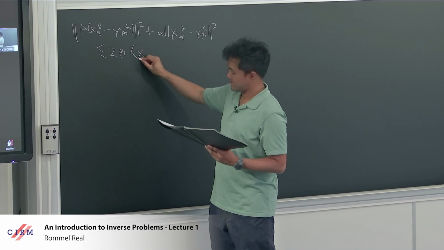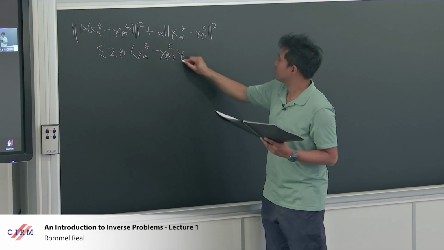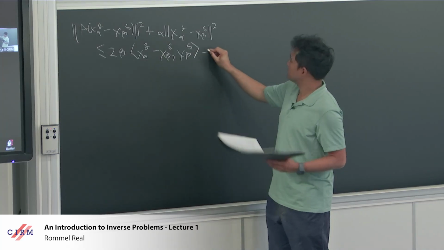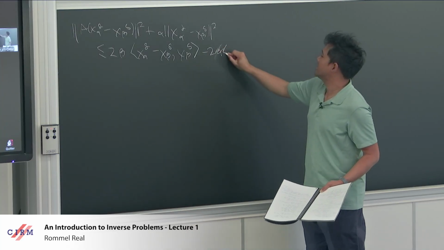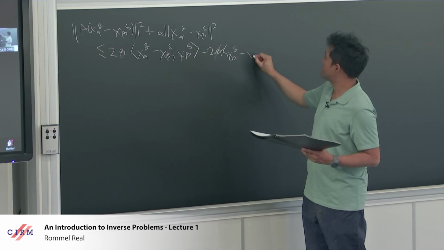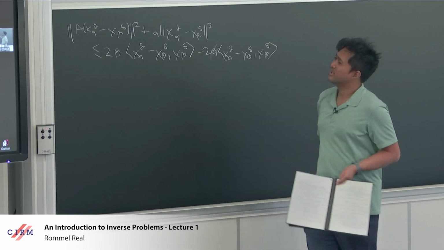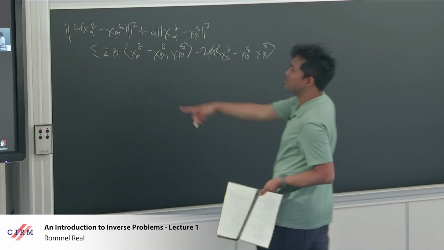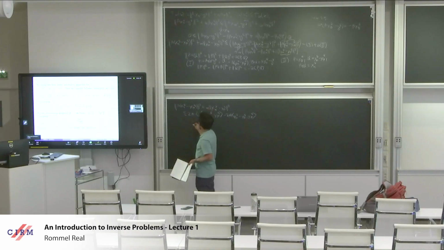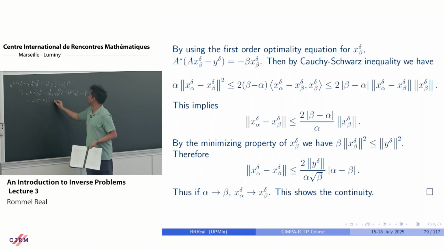Then you have x alpha delta minus x beta delta, minus 2 times alpha times the second term there, x alpha delta minus x beta delta. And then you combine both, that will lead you to that term over there. So that's 2 times beta minus alpha times this one.